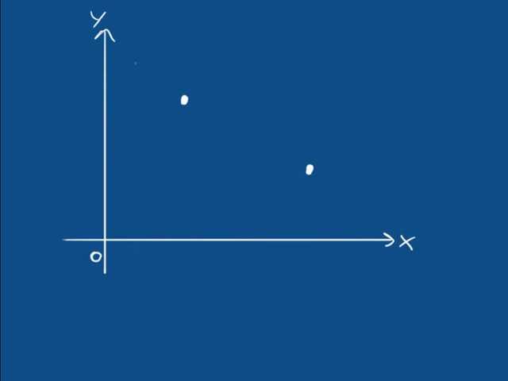This point is going to be A, and it's going to be, let's say, 2 in X and 7 in Y. And this is going to be my point B, which is going to be 8 in X and, I don't know, 3 in Y.